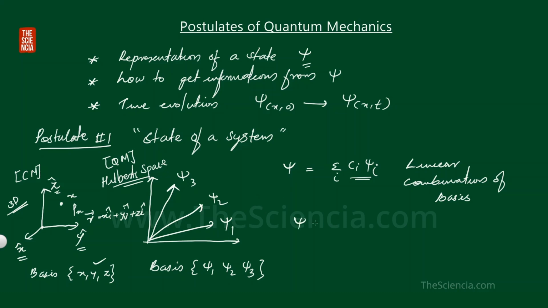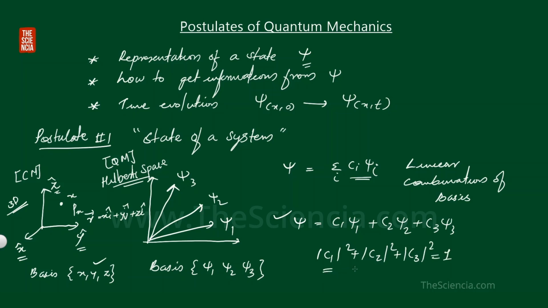That is, psi is equal to, if here there are 3 basis, psi will be equal to C1 psi 1 plus C2 psi 2 plus C3 psi 3, where C1, C2, C3 are constants. And this wave function can represent the state of the particle only if mod C1 square plus mod C2 square plus mod C3 square is equal to 1.